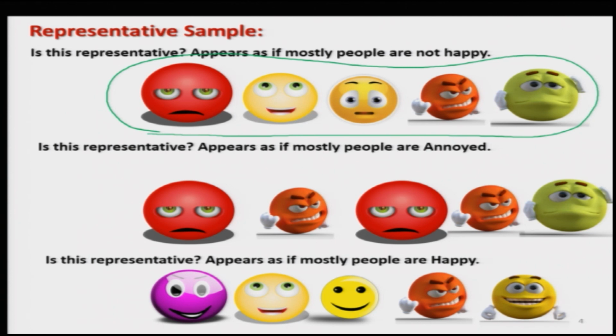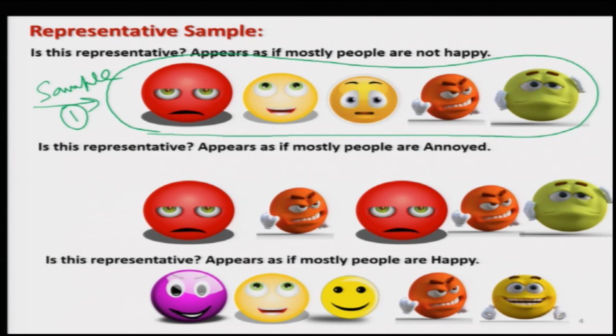Either they are not happy or they are surprised or they are sad. So, if I take a sample of 5 smileys from this population, and suppose my sample is like this, let me call this sample number 1. Looking at this sample, it will indicate as if people are not very happy, they are not satisfied. Okay. So, is it really representative? Not really.